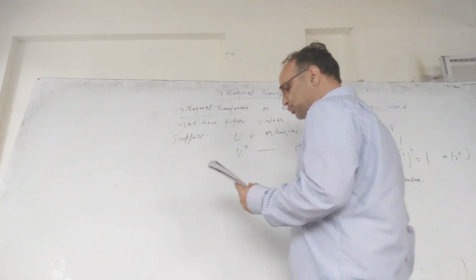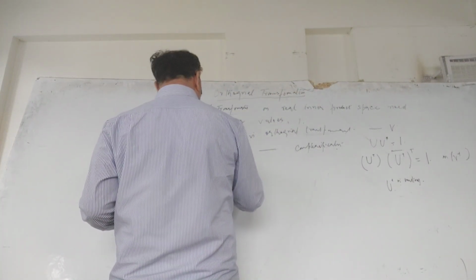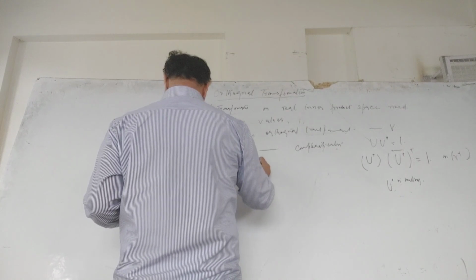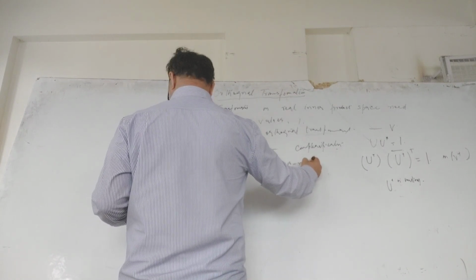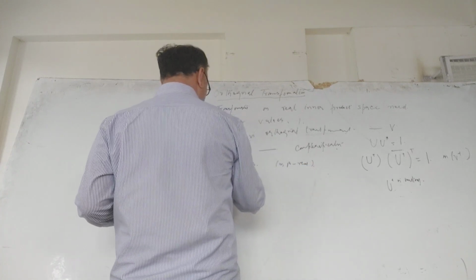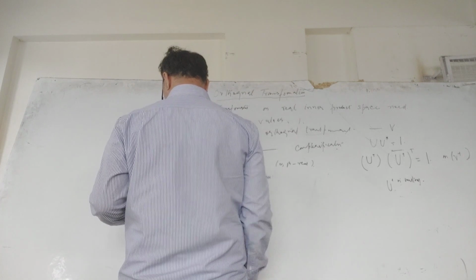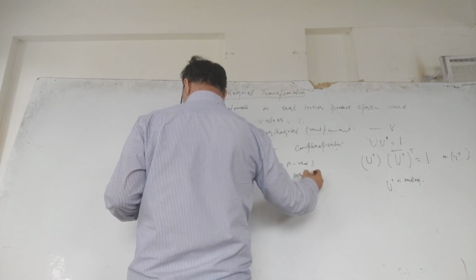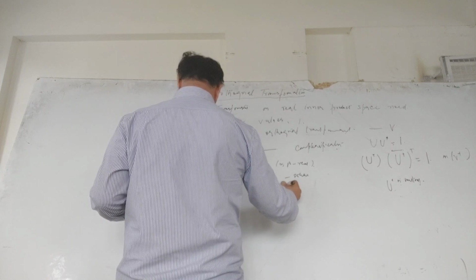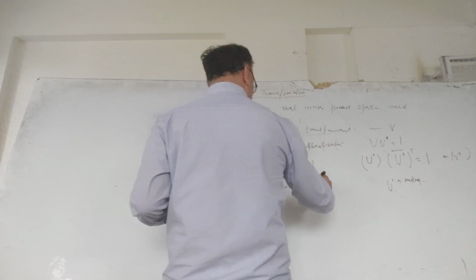Now we define lambda as alpha plus iota beta, where alpha and beta are real, and let M be the subspace consisting of solutions of U plus Z equal to lambda Z in V plus.